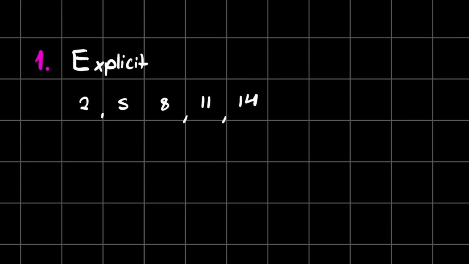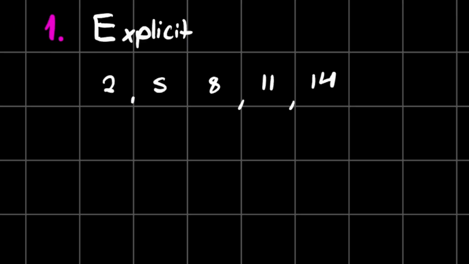So coming back to our example, now that I've written it down, we have this sequence that we want to find the explicit formula for. The first step is to identify what type of sequence we have and what kind of pattern we have between our values. So for example, from here to here, you can simply see that it's plus 3.